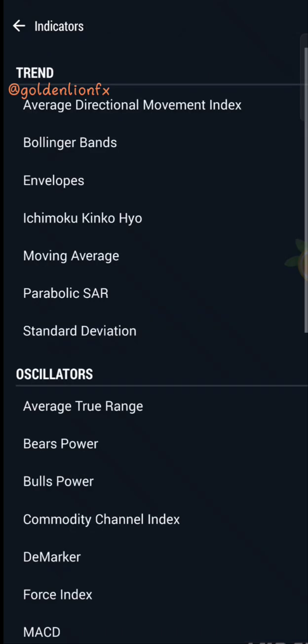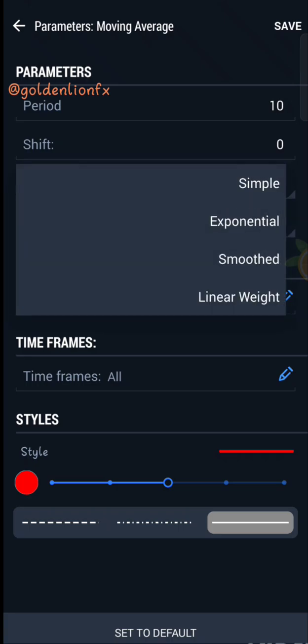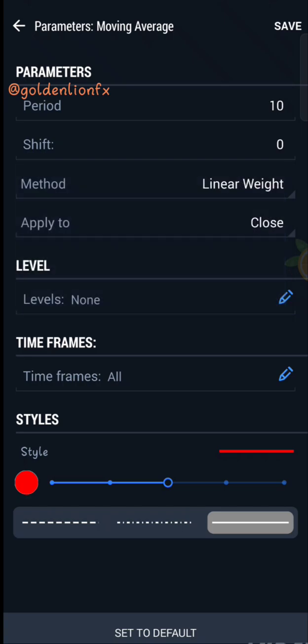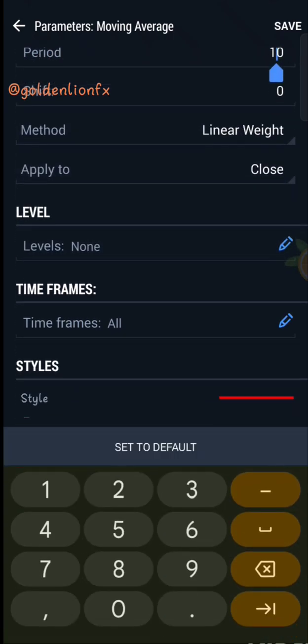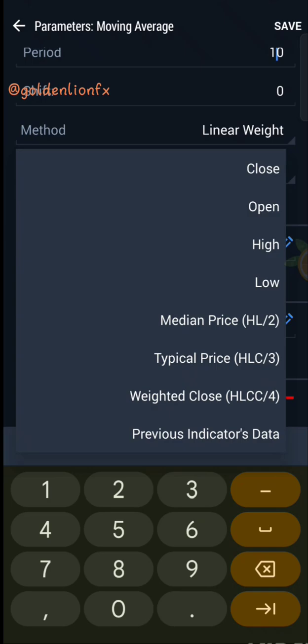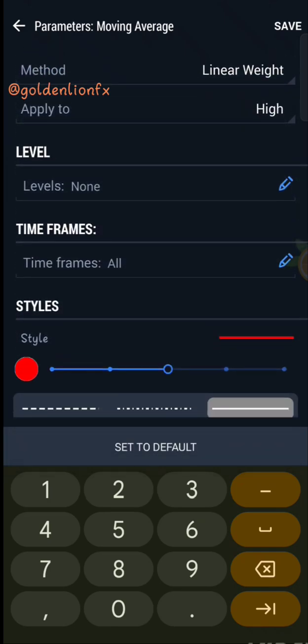Then we are also going to add more moving averages, but this time around the method is going to be linear weight. The first period will be 10. Now this time we are going to apply to high, that means we are going to apply it to the high of the candle, so the calculations will be considered using the high.